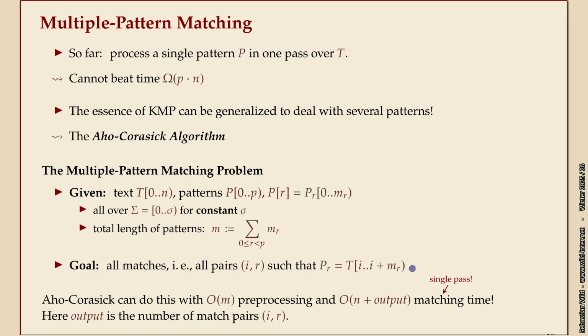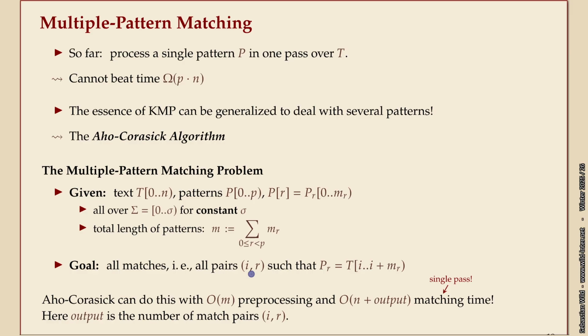Now, the final result of this section will be that this Aho-Corasick algorithm can do M pre-processing, so the total length of the patterns, and then read through the text exactly once. It'll have this extra cost of the size of the output, because in the worst case, at every position, all patterns could match.